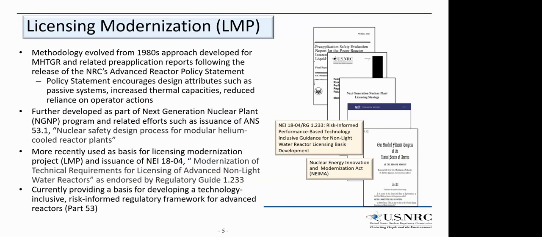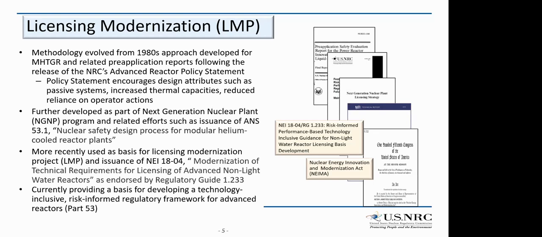And this is how we explained it in the rulemaking plan for Part 53, that we basically have a methodology, and you can trace back the Licensing Modernization Project guidance and a lot of work that was done involving industry and the Department of Energy, ultimately submitted in NEI 18-04, as a risk-informed, performance-based way to establish the licensing basis for non-light water reactors.